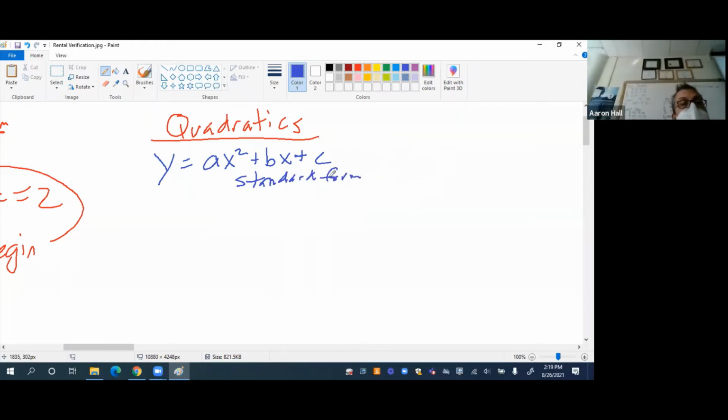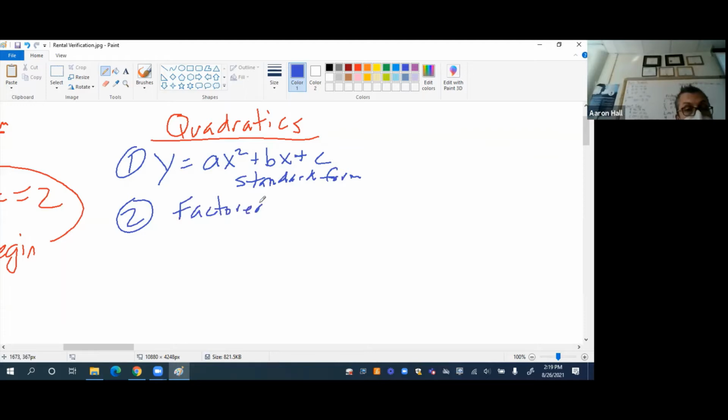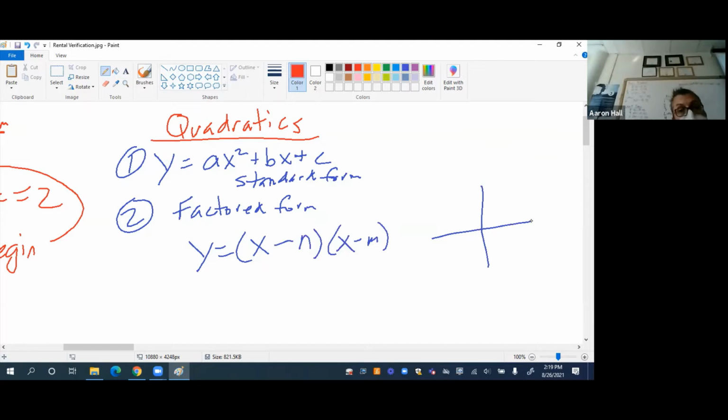There are two other acceptable ways to write a quadratic. What are they? Okay, factored form, where you have y equals x minus n and x minus m. What's the benefit of factored form? In this case, what are my x-intercepts?